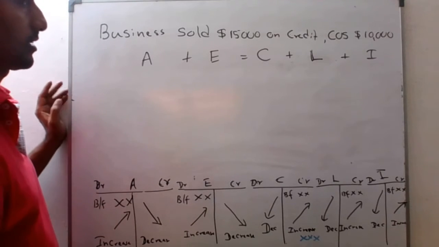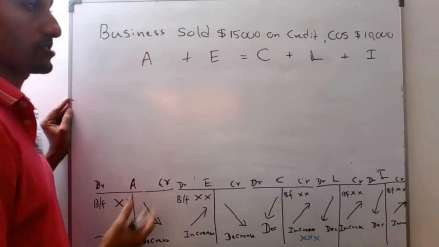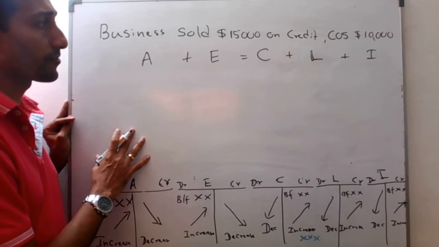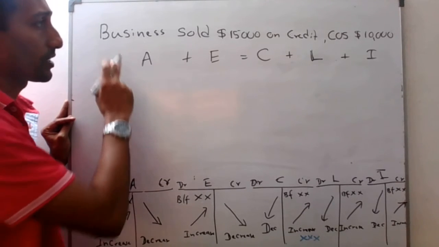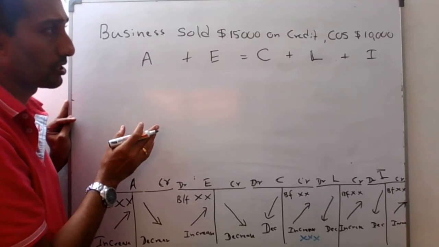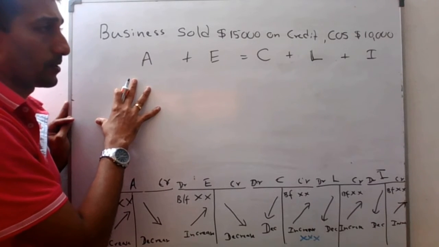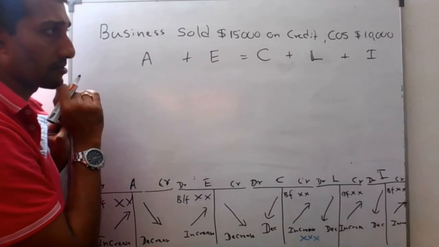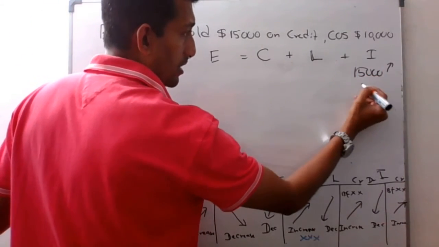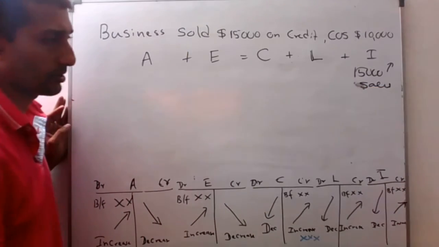Right. Now you can see another transaction. Business sold 15,000 on credit and the cost of sale is 10,000. So let's first put it in the accounting effect to the equation. So here you can see you are selling 15,000 goods. So you are not receiving cash, right? And we know that the income is going up by 15,000. So let's write what we know, increasing in income by sales of 15,000.